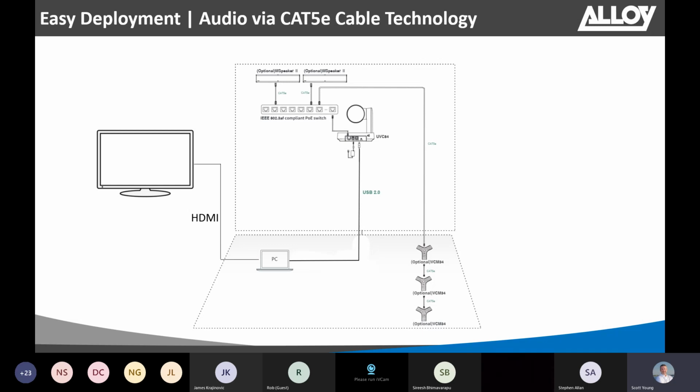So we've got Ethernet PoE powered mics, the VCM34, all daisy chainable. One Ethernet cable to the table and an Ethernet in and out to additional mics. The M Speakers are now all Ethernet connected, all PoE powered. No need to run additional power supplies to the speakers, and the camera itself is PoE powered. There's no need to run a power supply for the camera anymore.